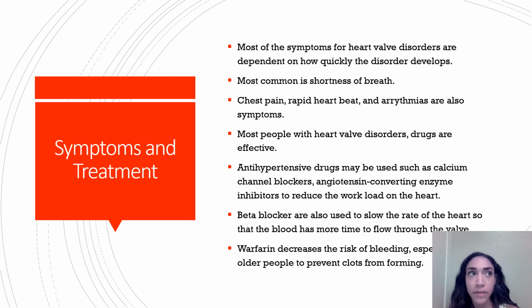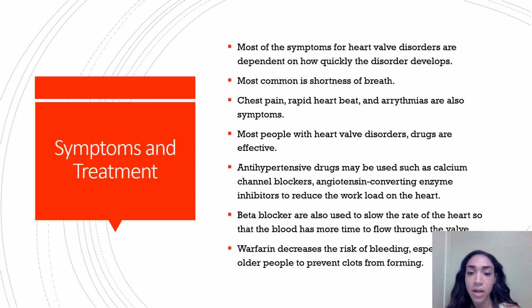For most people with heart valve disorders, drugs are effective for treatment. Typically, they're antihypertensive drugs, such as calcium channel blockers and angiotensin converting enzyme inhibitors to reduce the workload on the heart.